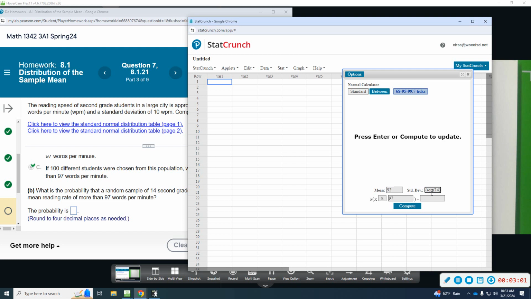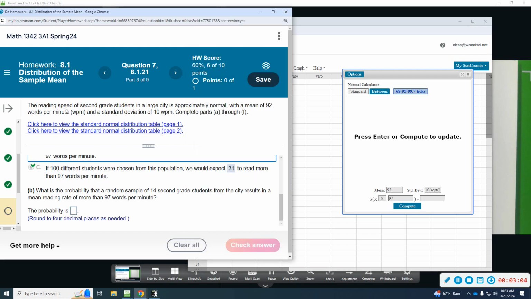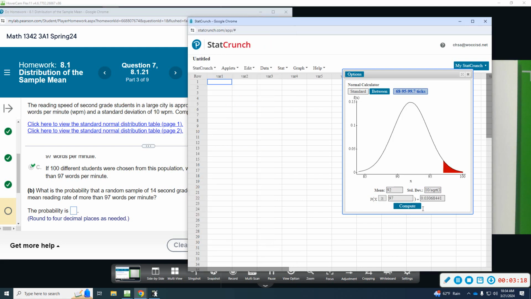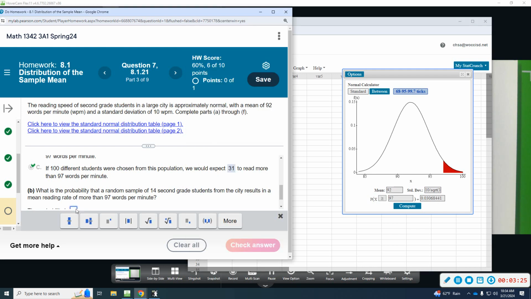How do I know I can use this? Well, because they told me that it was approximately normal, so it's coming from a normal distribution. So even though this 14 is not 30 or bigger, we can use normal because the distribution was already normal. All right, so it's still greater than 97. We're going to compute, and we get 0.0307 when rounded.